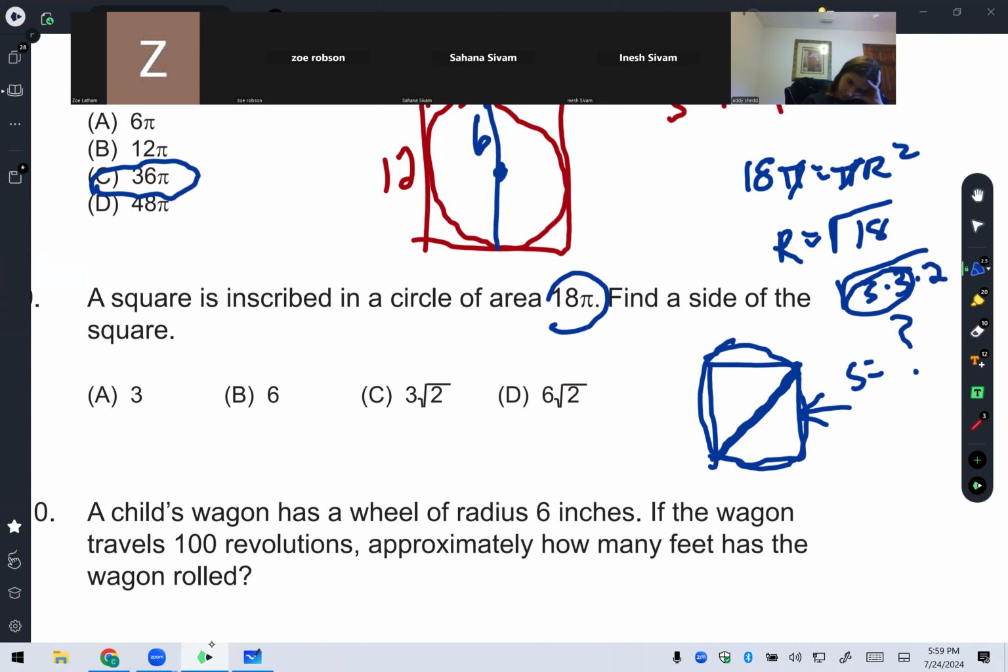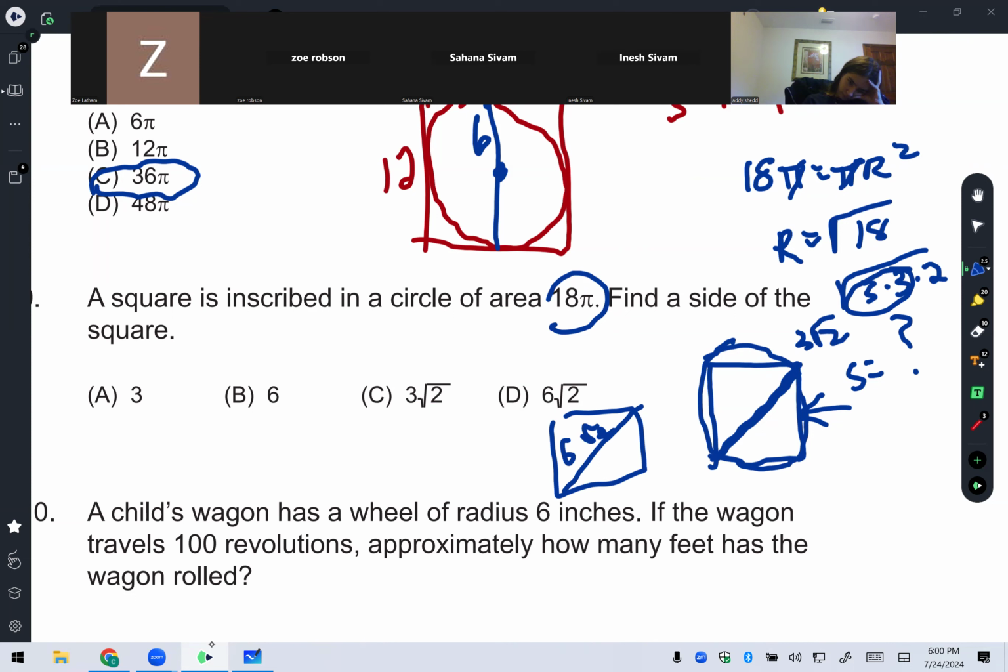So the radius would be 3 square roots of 2. Yeah, the whole diagonal will be 6 square roots of 2.